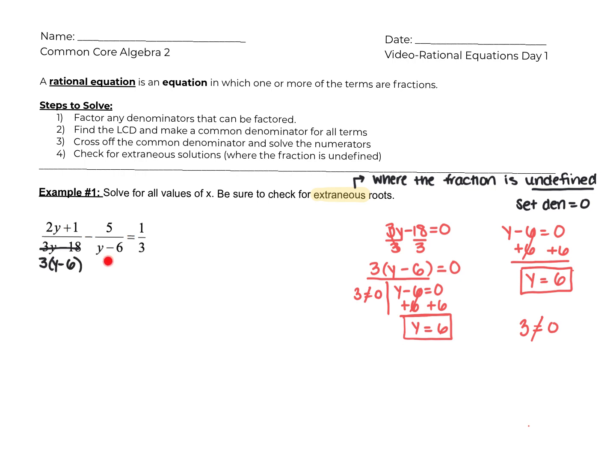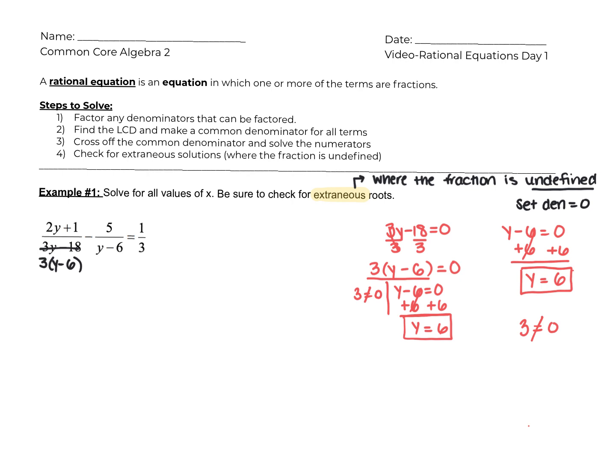I can't factor the middle one, and I definitely can't factor 3. Now the goal is to find a least common denominator or a common denominator for all of the terms. It looks like this piece has a 3 and a y minus 6. This piece just has a y minus 6, and this piece has a 3.